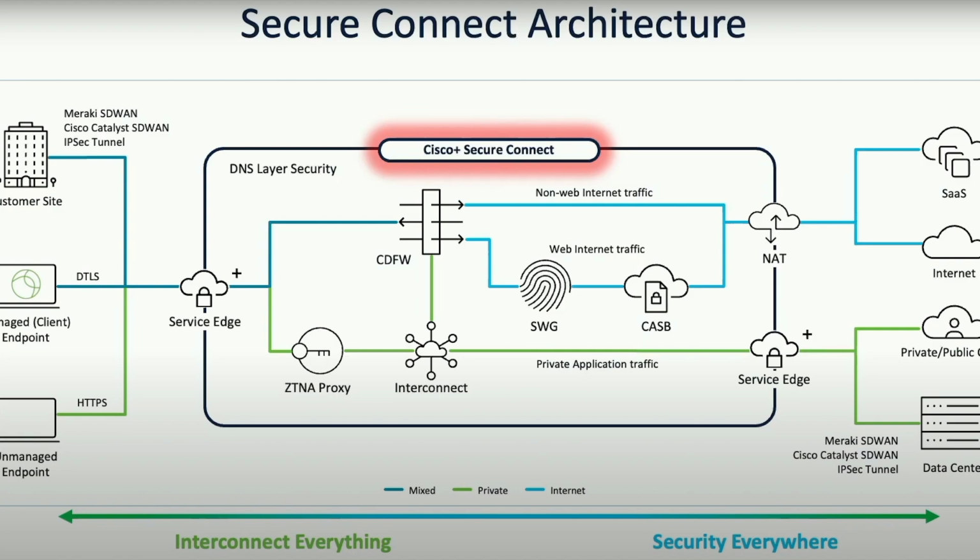So it's not just about creating this encrypted tunnel, which a lot of other solutions do. It's really about intelligently controlling who and what is allowed access on my network or your network, and what applications, regardless of where they're located, are able to be accessed by those users.